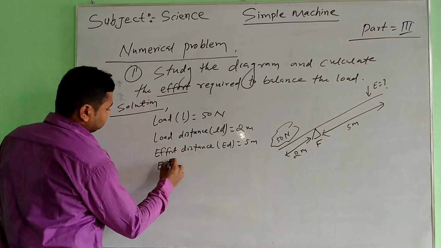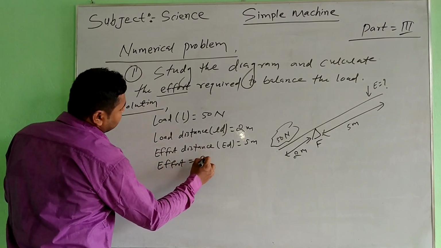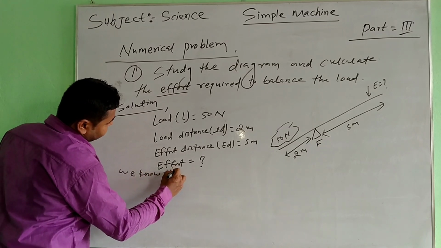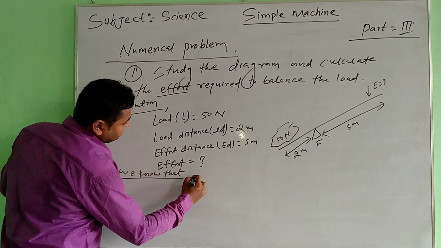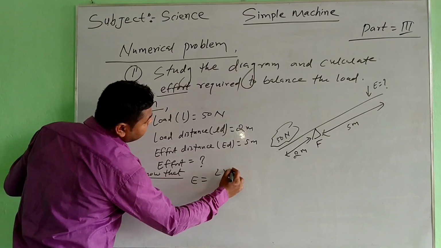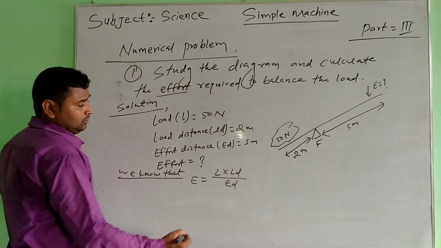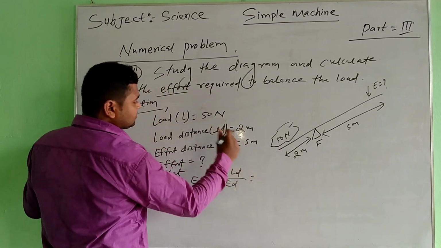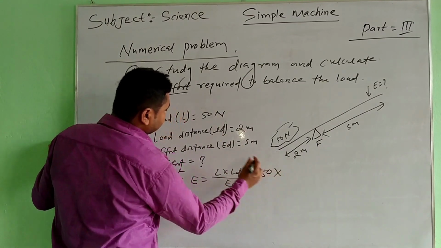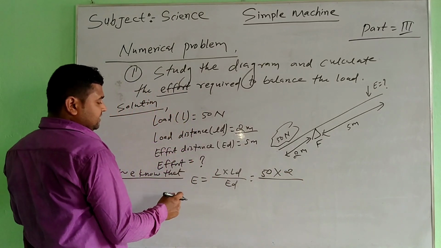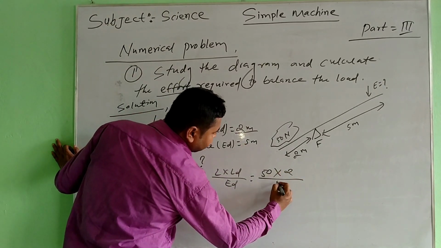So what do we have to calculate now? Effort. We know that E is equal to L into LD by ED. Load is 50, into load distance 2, by effort distance 5.